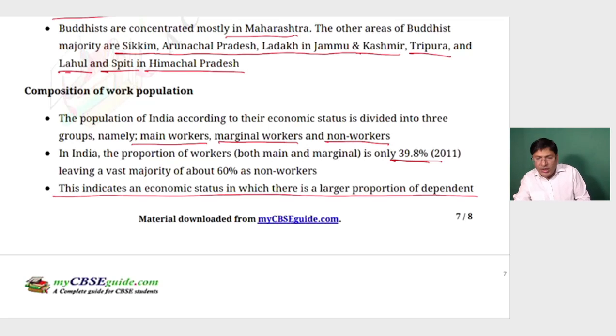Based on this, we can guess that the 60% population depends on the 40% worker population for their livelihood.